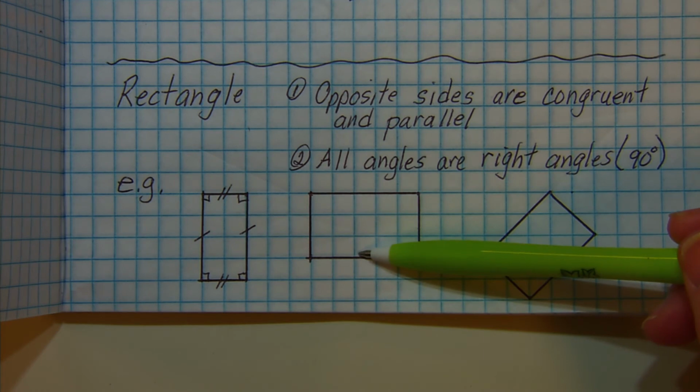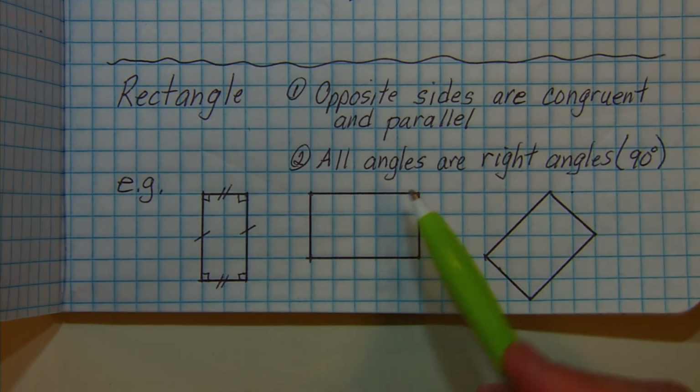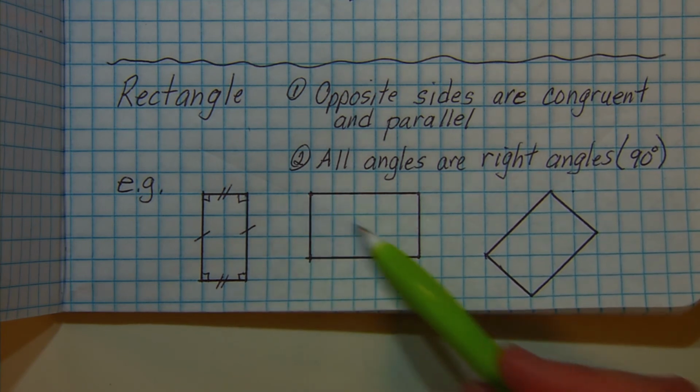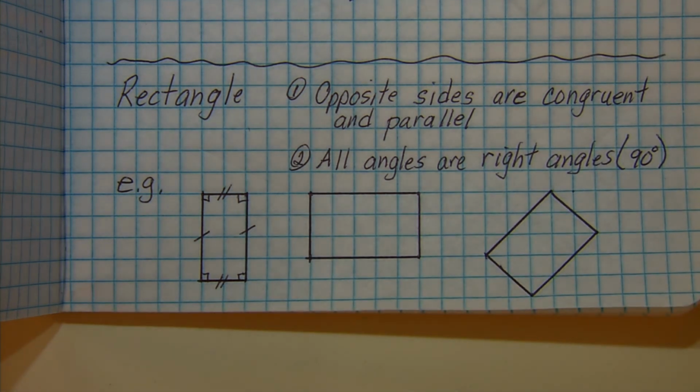Opposite sides are equal and parallel, and the opposite angles are also equal. Well, they're all 90 degrees, so they have to be equal. And so that's why I can say to you that a rectangle can be a parallelogram. Every rectangle will be a parallelogram, but not every parallelogram is a rectangle. And that's actually kind of important to remember.